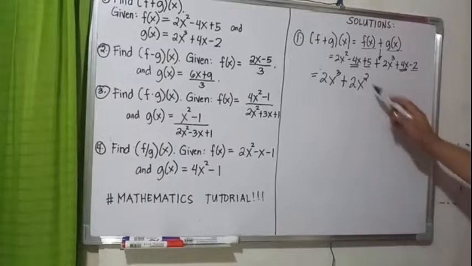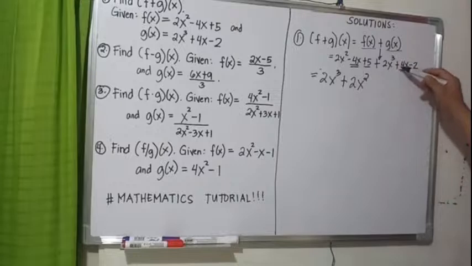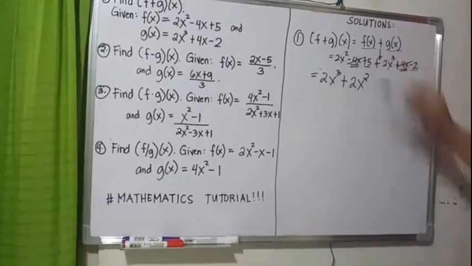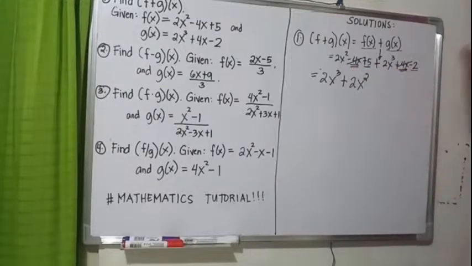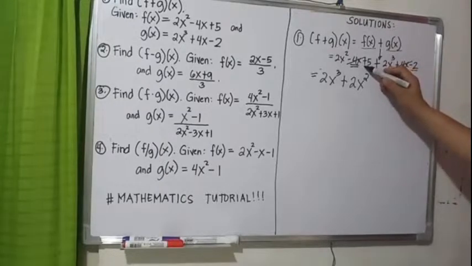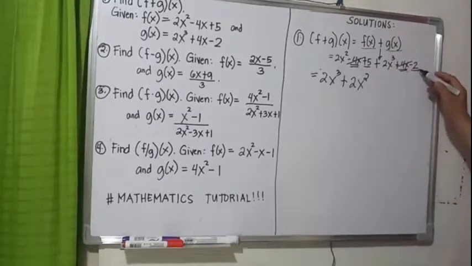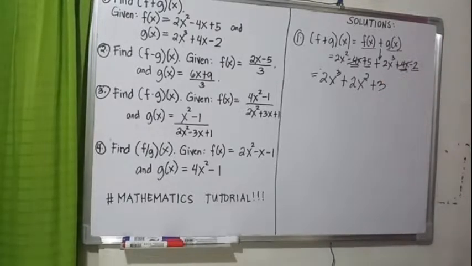Then this one, negative 4x plus 4x. Okay, so ma-eliminate na yan. It will become 0. Positive 4 and negative 4, 0 na yan. Next, this one, positive 5 minus 2. So that is positive 3 or plus 3.